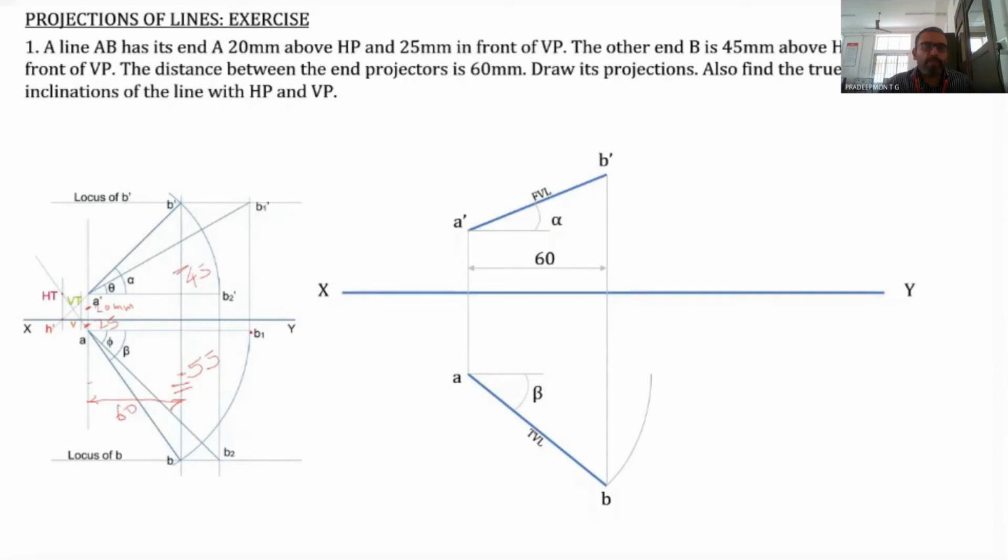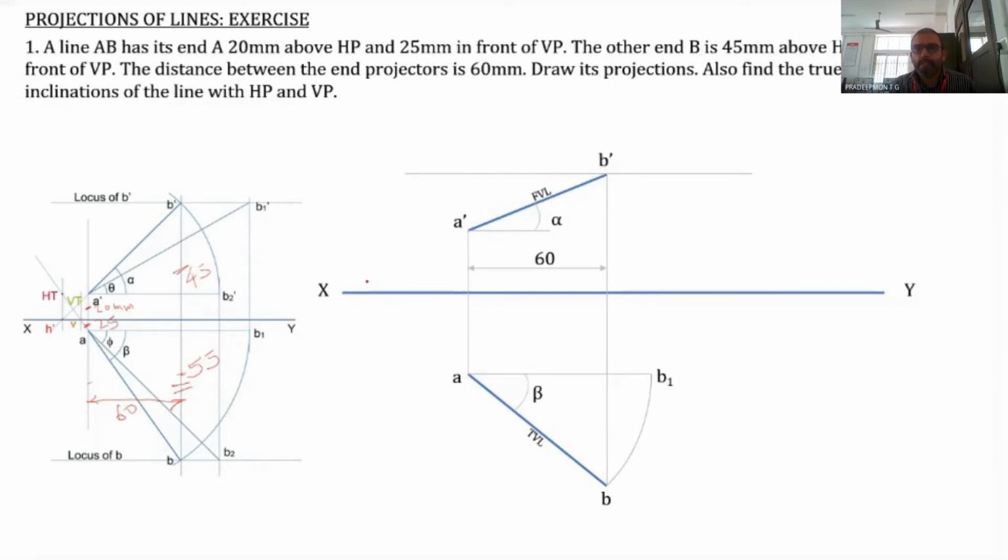With A as center and AB as radius, draw an arc in this direction, so that AB1 is parallel to the XY line. So here is B1. Now from B1, drop a projector to the locus of B dash. In order to find the locus of B dash, draw a horizontal line parallel to the XY line through B dash.